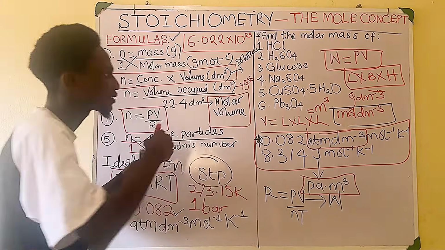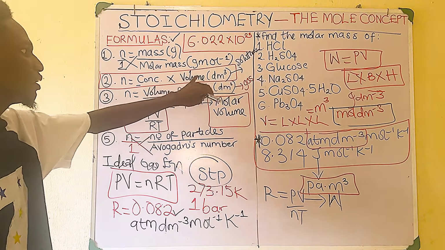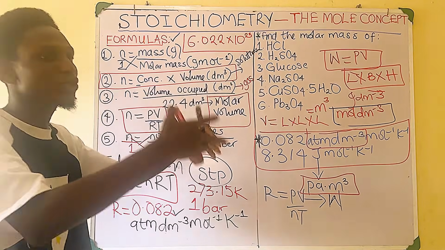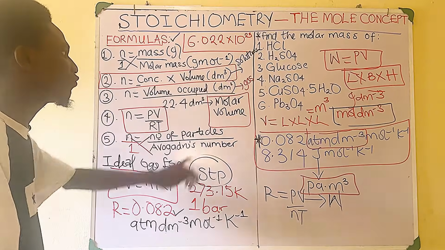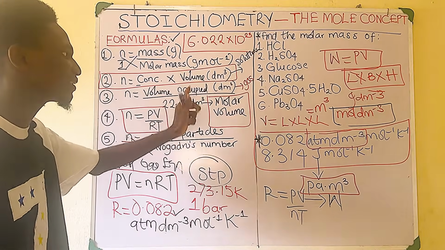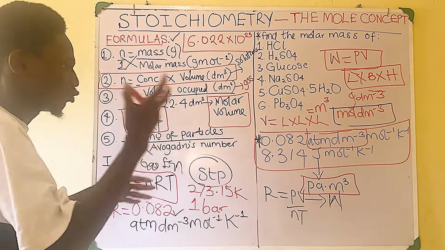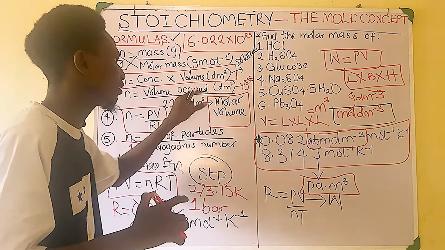So this one is for gas, this one is for solution. That's the difference. They can say look for the volume in dm cube occupied by an aqueous solution of HCl, you use this one. If they say look for volume occupied by a gas at molar volume, or look for number of moles, this is the formula. So you know the difference between the 2 volumes here.